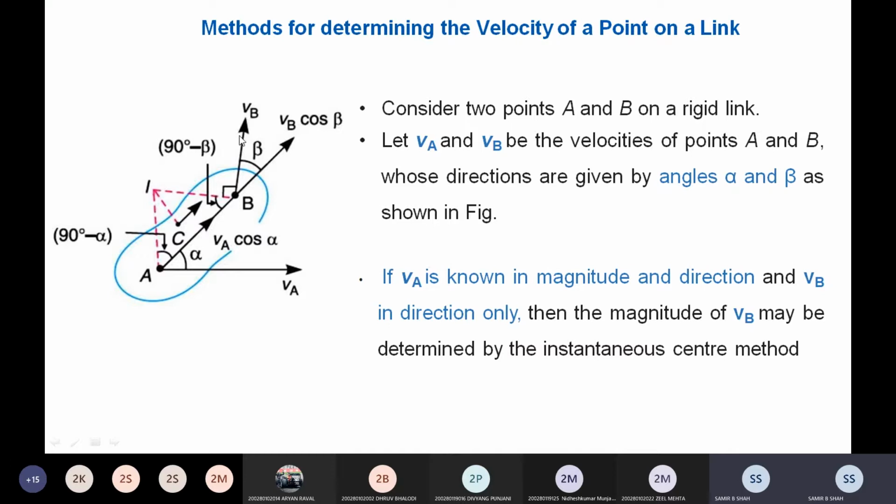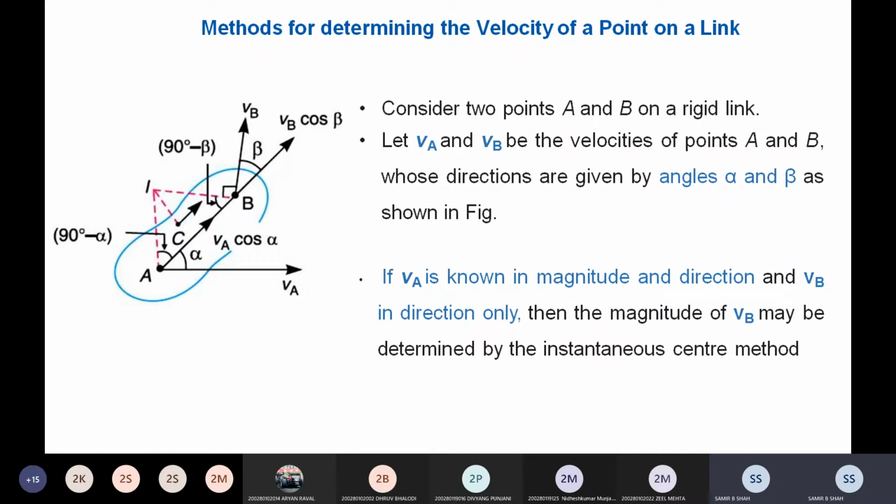With angles alpha and beta, you can see here point A whose velocity with respect to the rigid link is VA at angle alpha, and B's velocity at angle beta is VB.